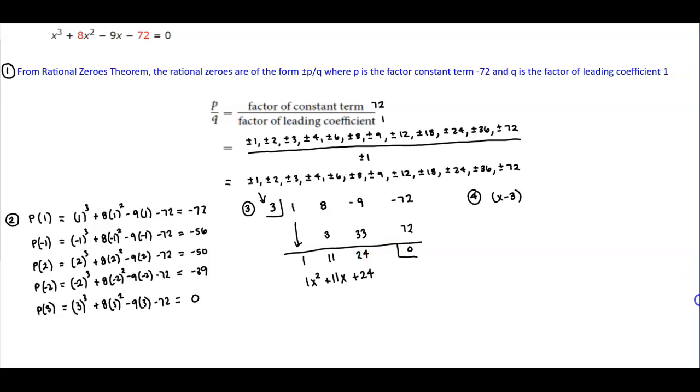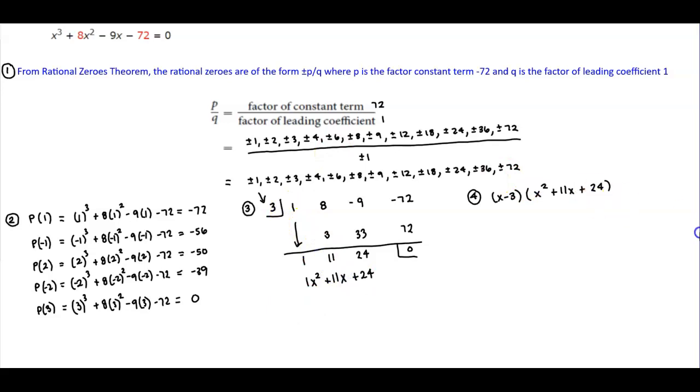So therefore, we can say that this is x minus 3 times x squared plus 11x plus 24. Rather than having to go through each one of these numbers to determine the next remainder of 0, once we find that first one, we use synthetic division to get this factor.